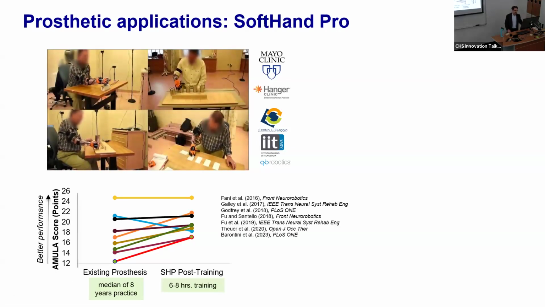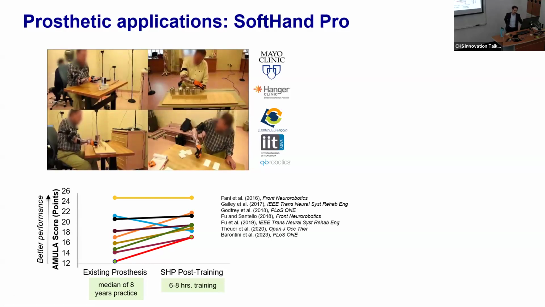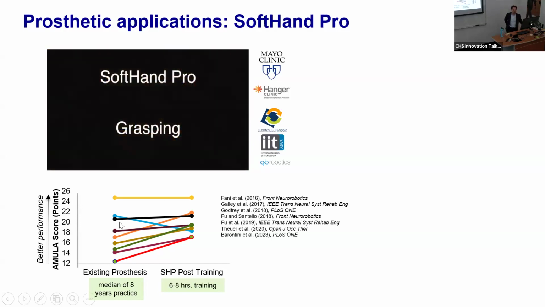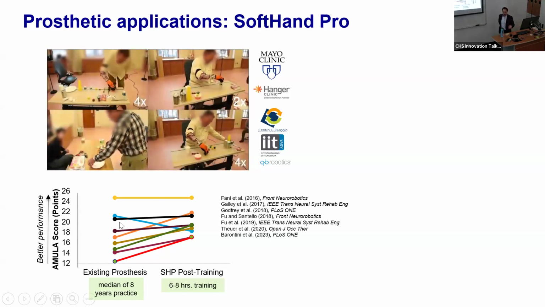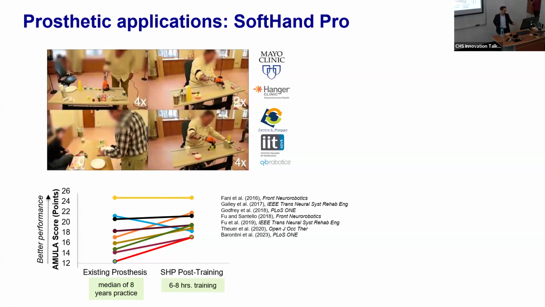At the bottom, as you watch the video, I'm going to tell you a little bit that in preliminary testing, this is 10 or so individuals with upper limb loss, transradial amputation.